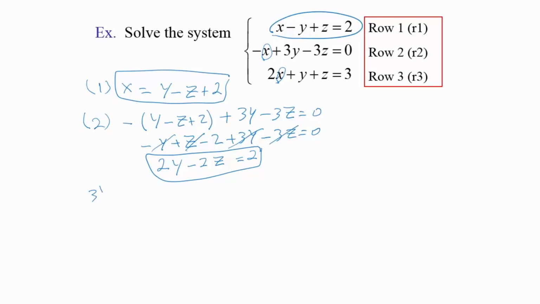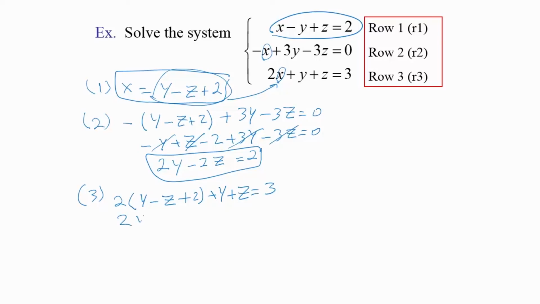Third equation, I will do the same thing. For x, I'm going to plug in its equivalent. I'm going to put this in the third equation. So it would be 2 times y minus z plus 2, plus y plus z equal 3.